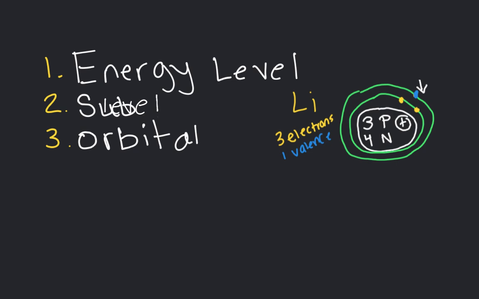A couple words you need to know for electron configurations are energy level, sublevel, and orbital. In energy level 1, you have the s sublevel, and then you have the 1s orbital.